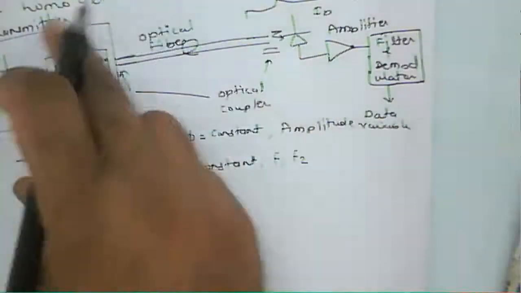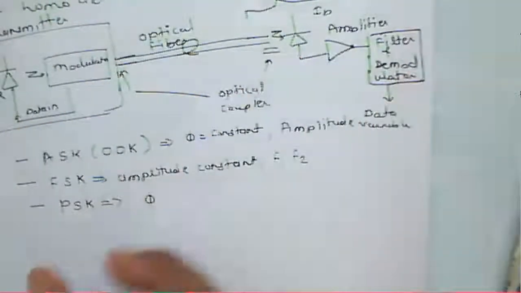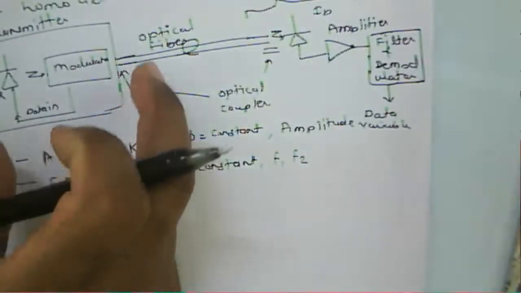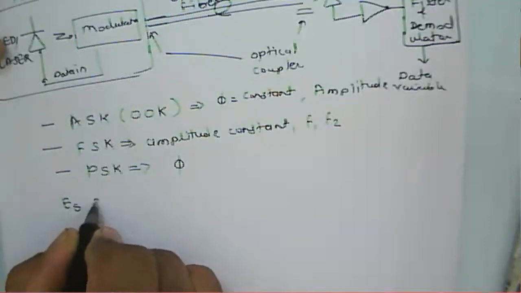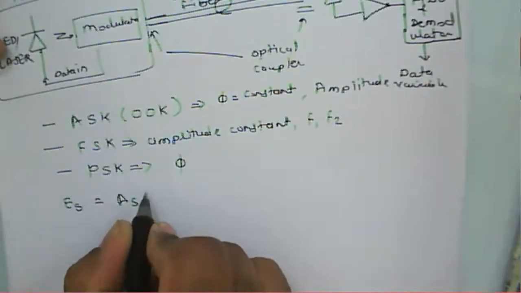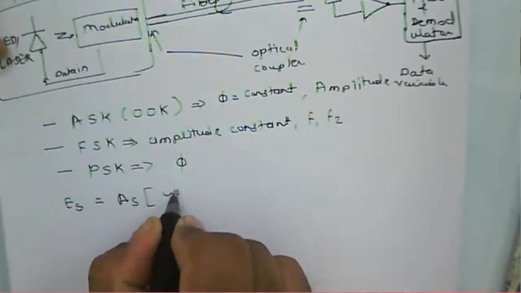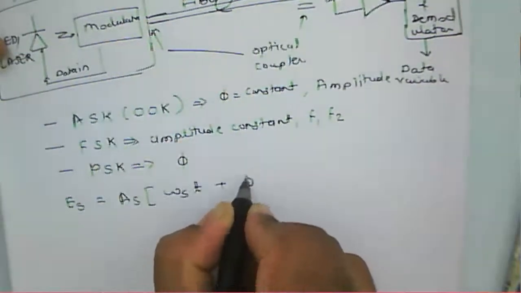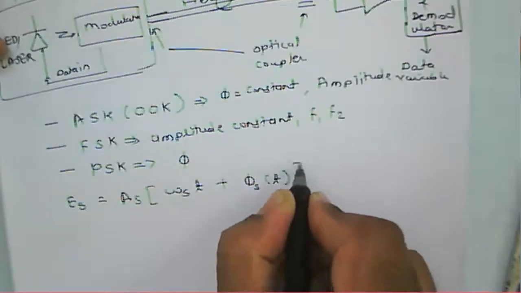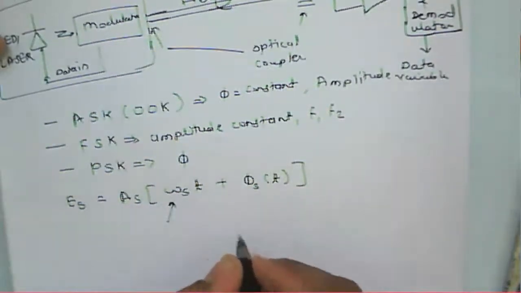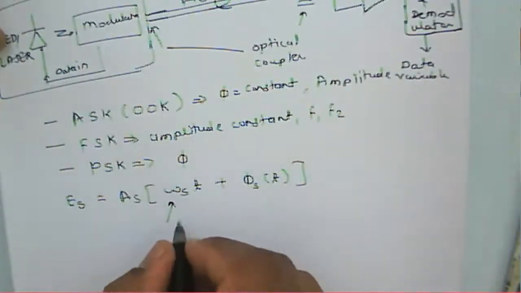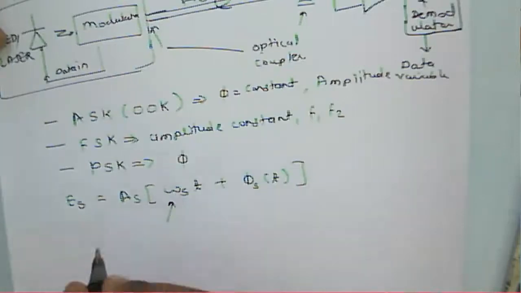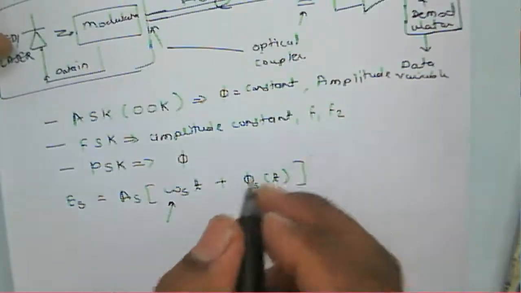So to understand this phenomenon of transmitter and receiver, we should understand what input signal we are transmitting. Suppose I say that the signal transmitted is A_s cos(ω_s t + φ_s(t)). This ω_s is the signal frequency, or we can say the optical signal carrier frequency.